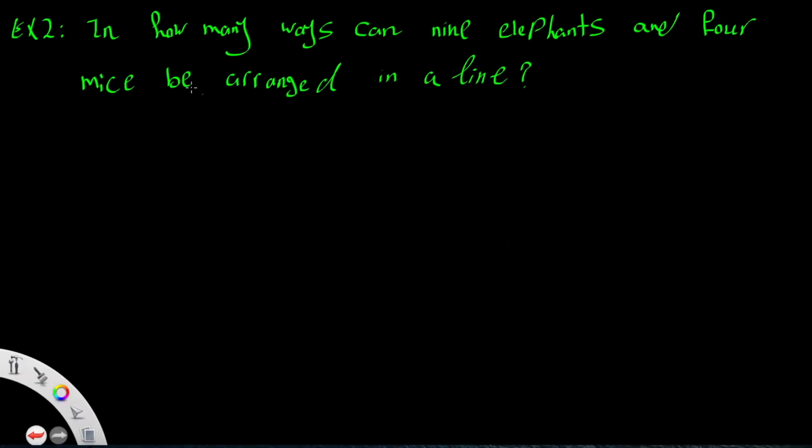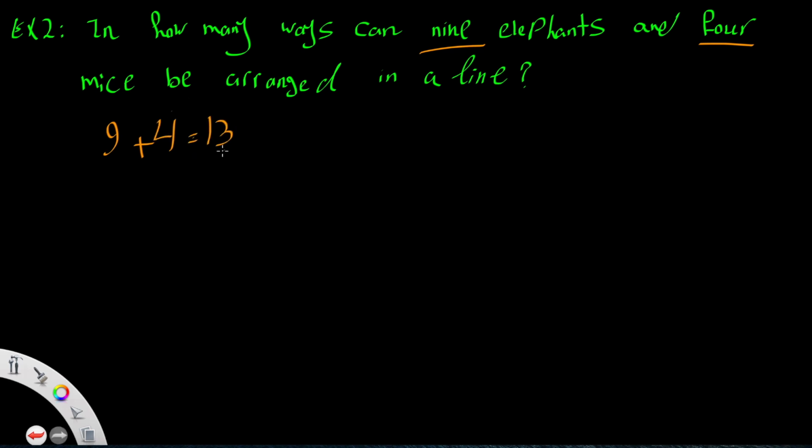Example 2. In how many ways can 9 elephants and 4 mice be arranged in a line? As you see, there are 9 elephants and 4 mice, so overall you have 9 plus 4 objects, which is 13.